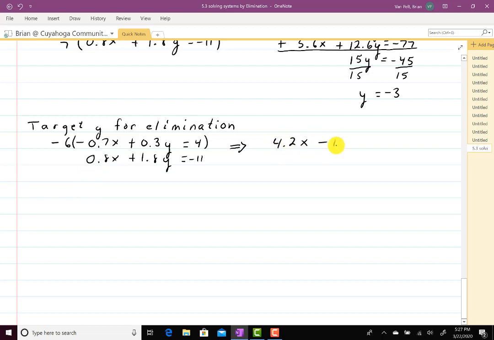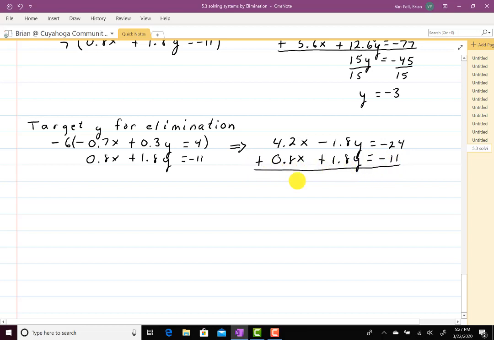Then I get negative 1.8y equals negative 24. For the second equation, I'm going to do nothing to it. 0.8x plus 1.8y equals negative 11.